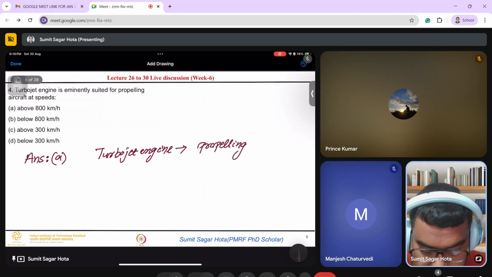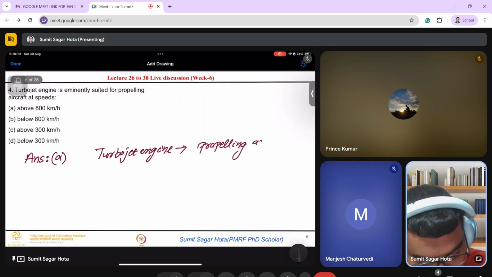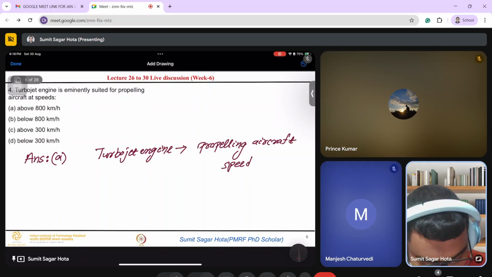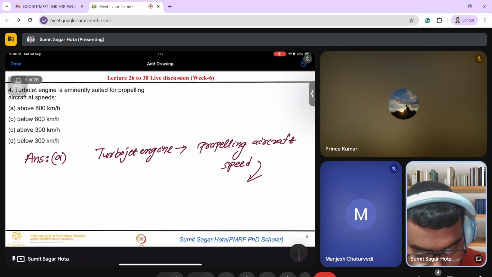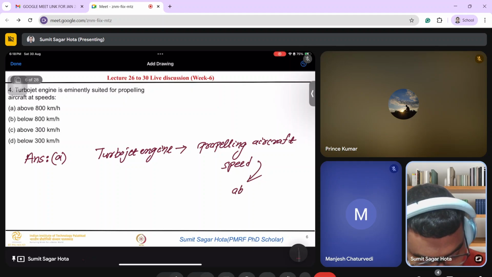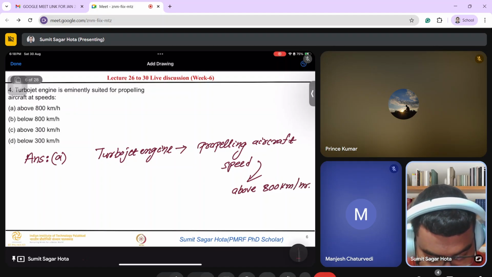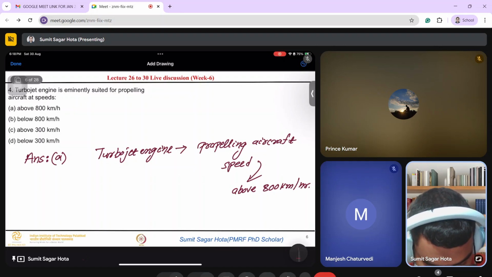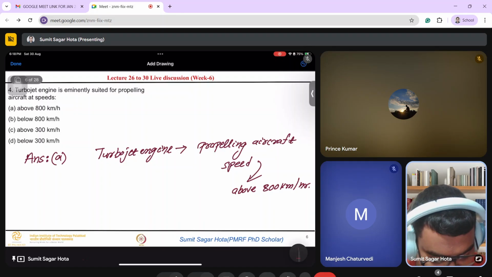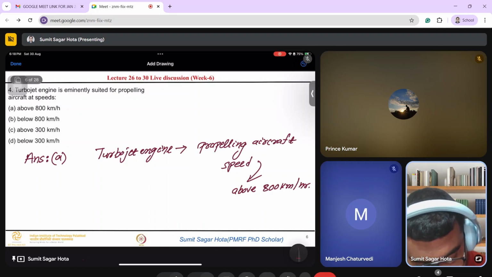It should be noted that it is the maximum velocity they are talking about. But for fuel economy, we generally operate below 800 km per hour. If it is asked for a fuel economy condition, then it will be below 800 km per hour.